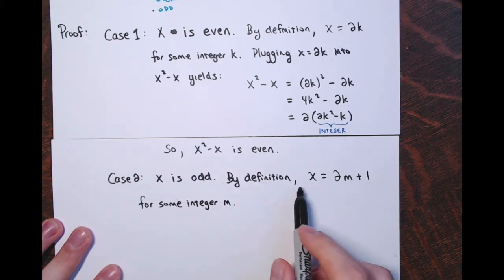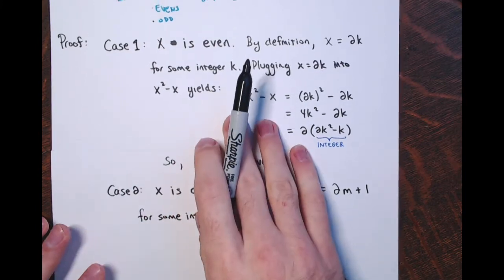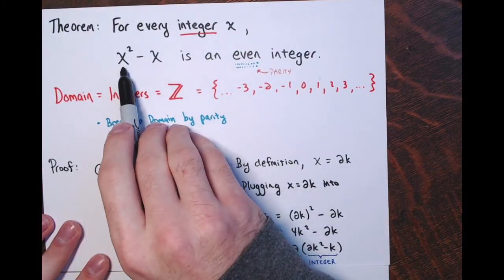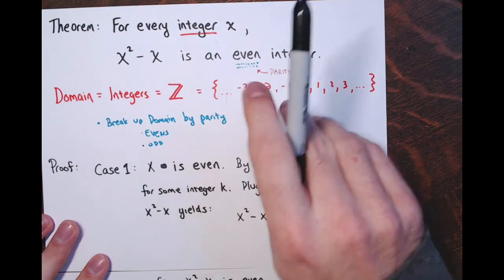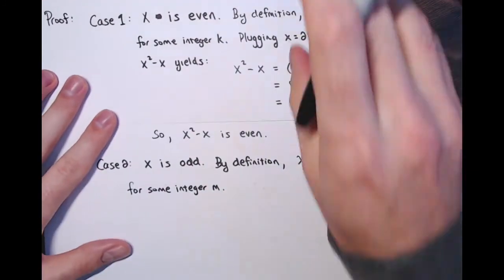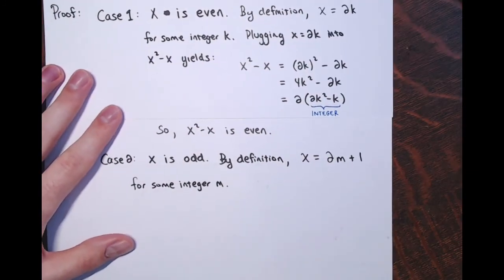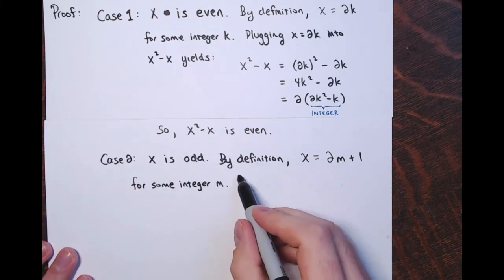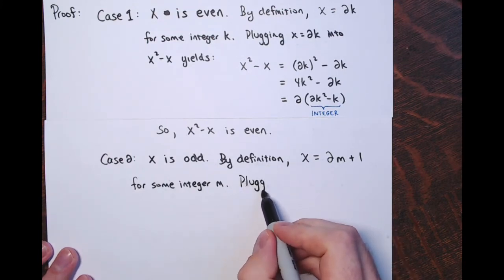Then same deal as before. I'm trying to eventually show that x squared minus x is even, so I'm going to plug this into the expression x squared minus x. It looks pretty similar here, right?